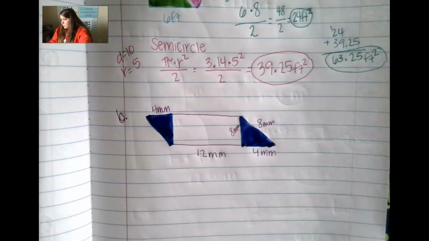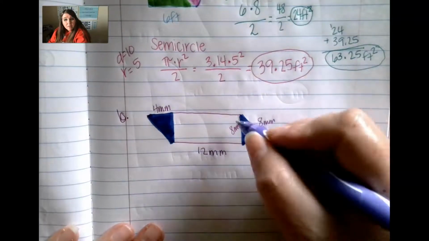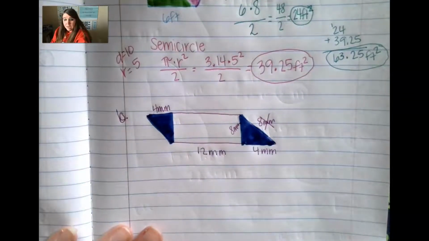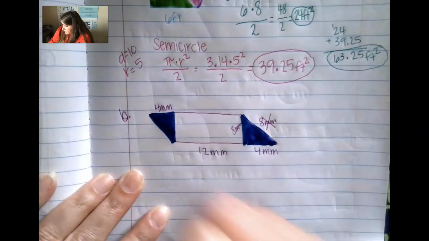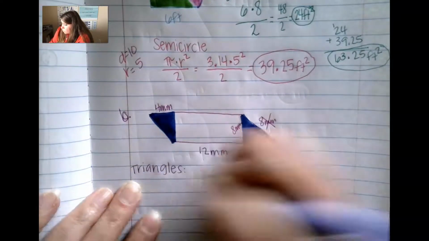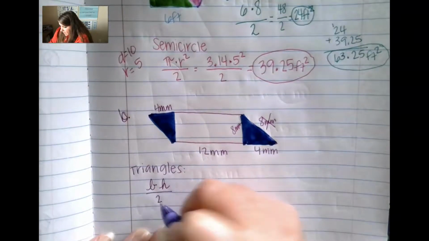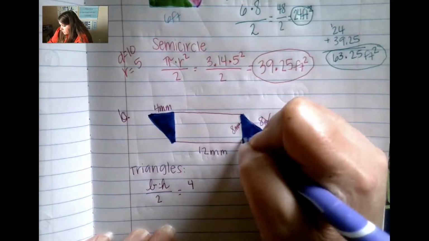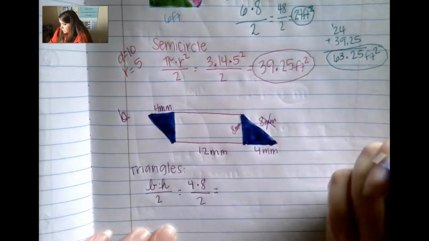We don't really need to worry about the hypotenuse, because that we could use for the perimeter. That is a trick. We don't need that information. In order to find the area of a triangle, we are using base times height, again, divided by 2. Our base is 4. Our height, on the right angle there, is 8. And then we divide by 2.